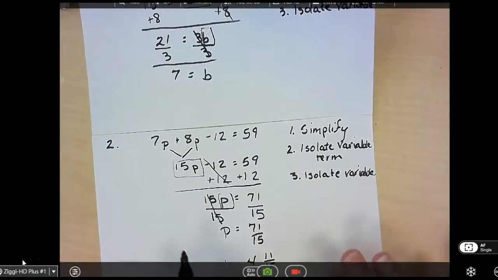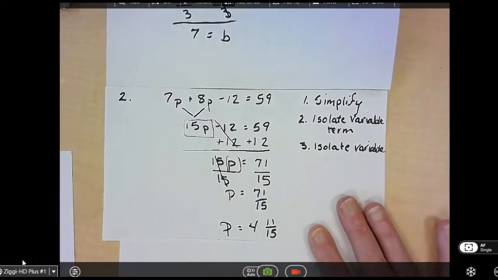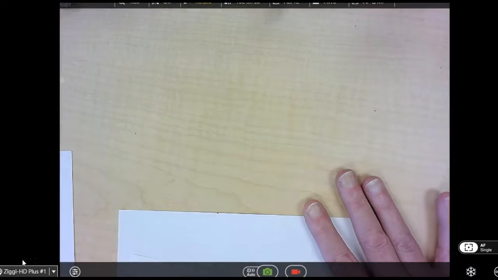So I can write, p equals 4 and 11/15, and then that problem is done. You could write it as a decimal. I have a feeling in the homework when you get to it that the book will go ahead and write it as a fraction. So that's the way you'd want to simplify it.